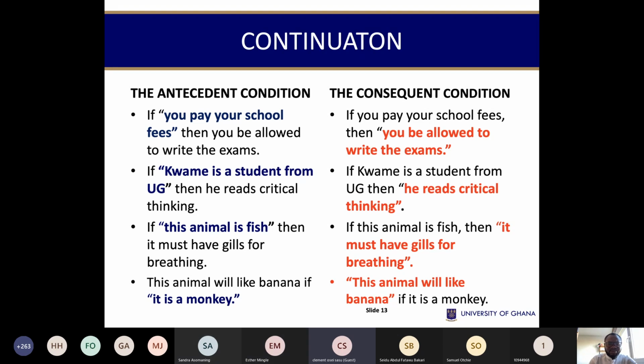If Kwame is a student from UG, then he reads critical thinking and practical reasoning. So if Kwame is a student from UG becomes the antecedent condition. He reads critical thinking becomes the consequence.